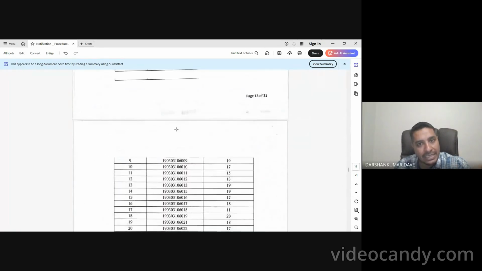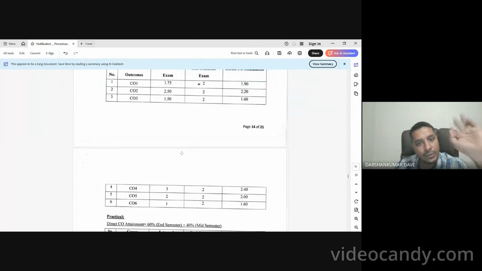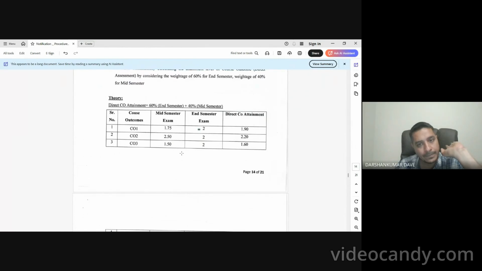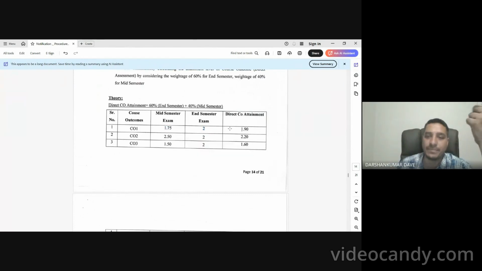The same calculation, the same table, is obtained for end-semester examination as well. There it will surely be a whole number, right? So how is this table obtained? 1.75 and 2 for every course outcome, for every course. Now these, 1.75 and 2, are again averaged.